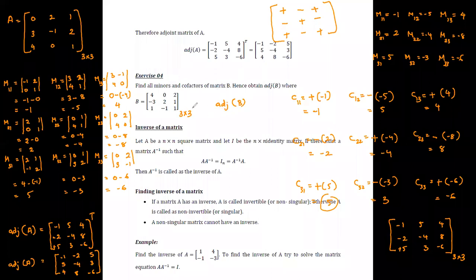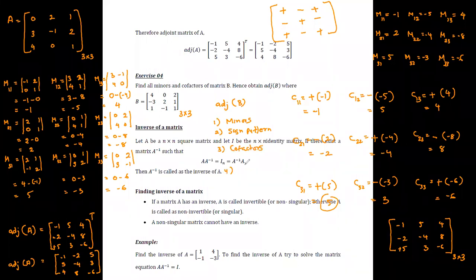If I brief about this calculation, first you need to obtain the minors. Then you need to write down the sign pattern. By combining the minors with the sign pattern, you can obtain the cofactors.